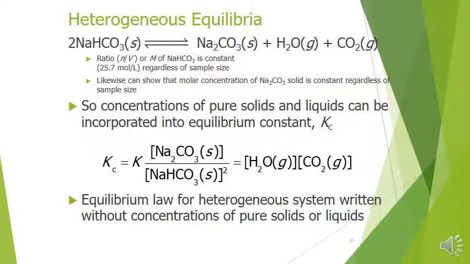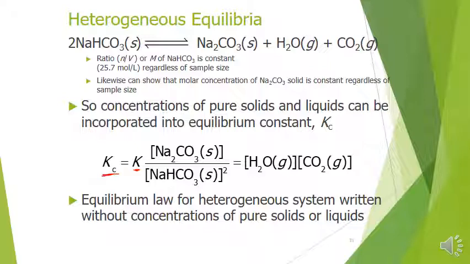Okay. So what we can do is rewrite the equilibrium expression. The equilibrium constant for concentration is equal to our original equilibrium expression times our solids, because this ratio is going to be constant.